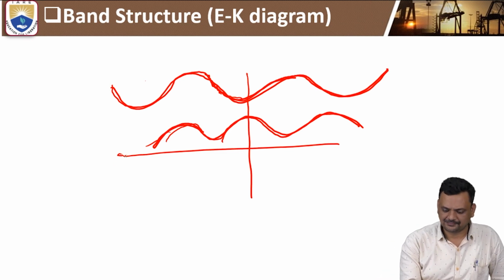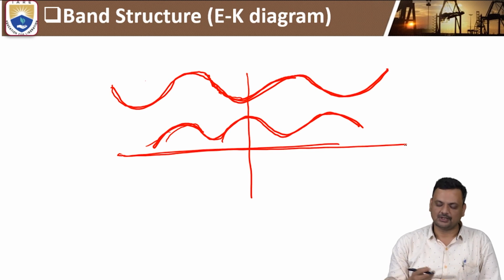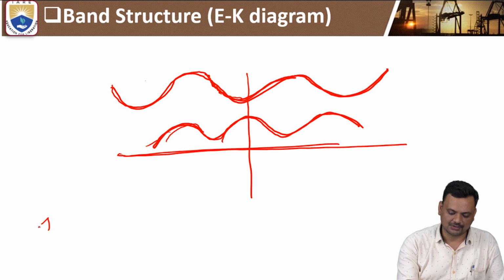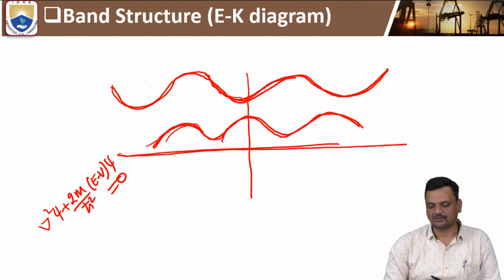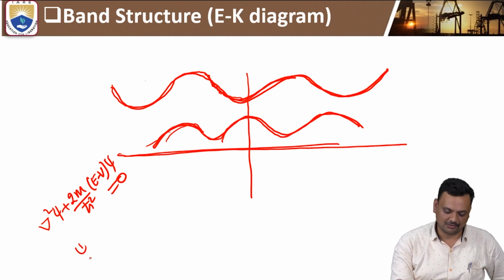What I am trying to say is, whatever solution you get after solving the Schrodinger equation, del square psi plus 2m upon h square (E minus V) psi is equal to 0, with which type of wave function?